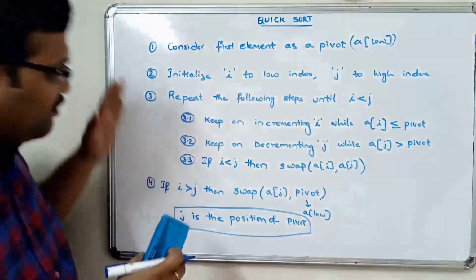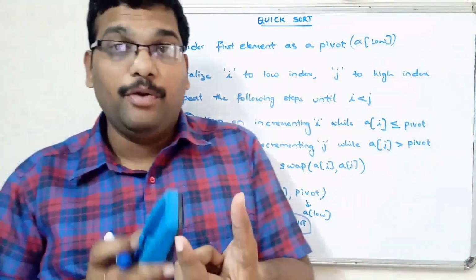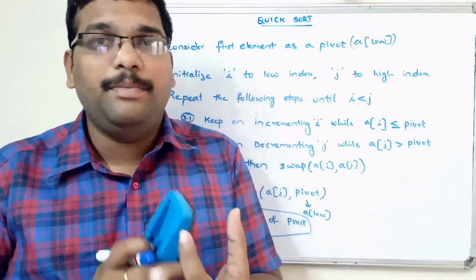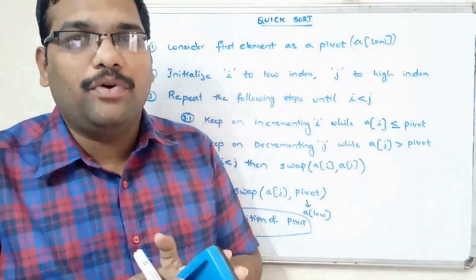So after completion of this, the pivot position will be fixed, not the pivot value, right? So we are supposed to find that position of the pivot.